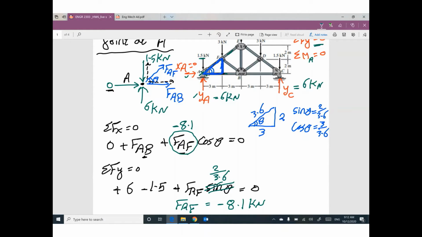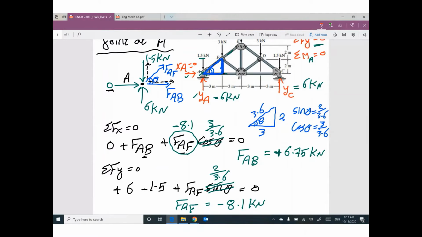Cosine theta is 3 divided by 3.6. That means the only unknown in this equation will be FAB. FAB will be positive. How much? 6.75 kilonewton.